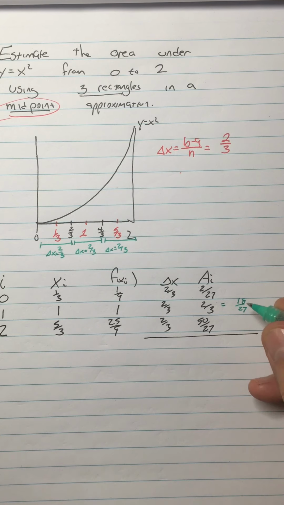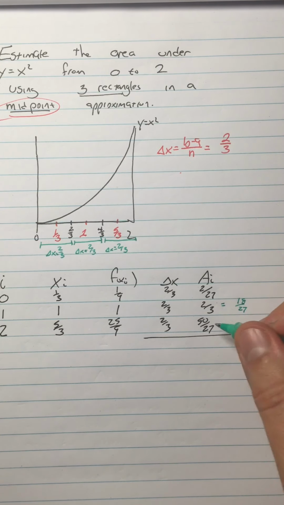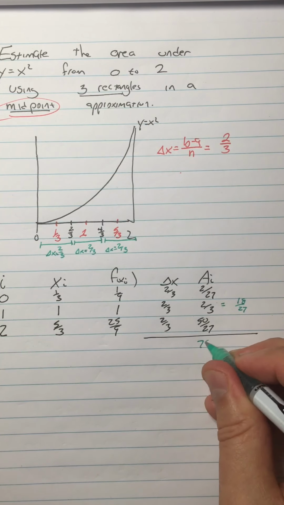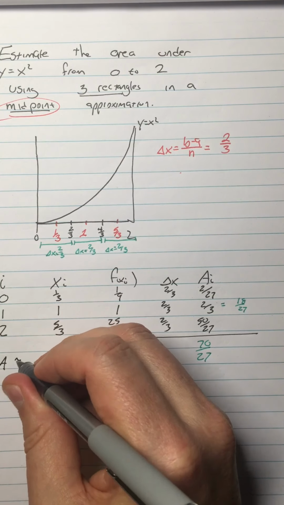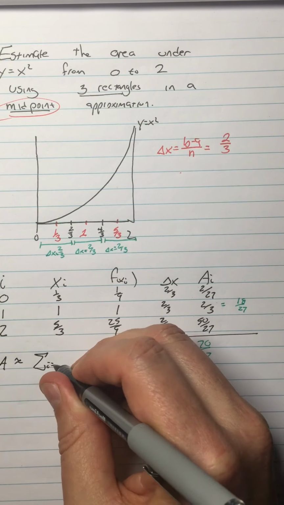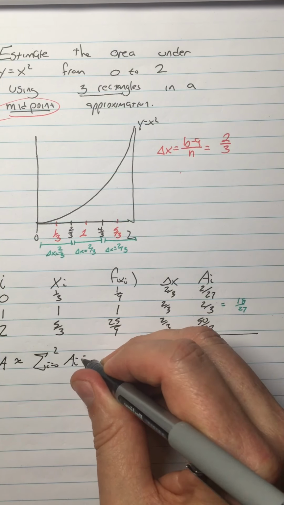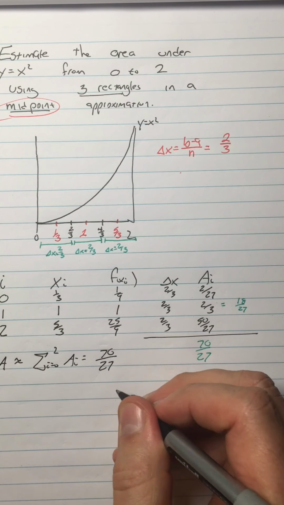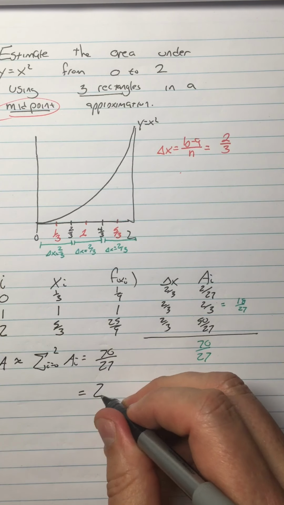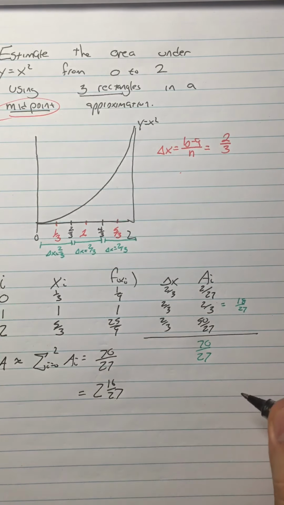And so 18 plus 2 is 20, plus 50 is 70. So that adds up to 70/27, and I can say that my area that I'm estimating is approximately equal to the sum from i equals 0 to 2 of a sub i, which is equal to 70/27. Which by the way equals 2 and 16/27, an interesting number.